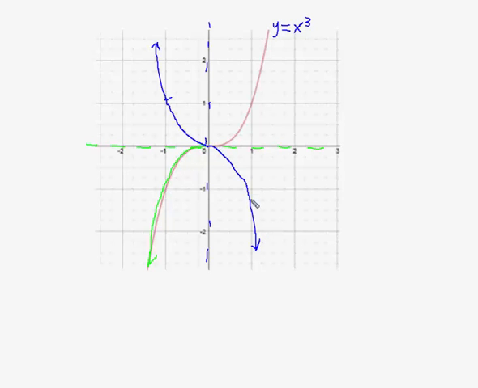And this part of the blue graph would reflect up, since we're folding about this line, and would move on top of the right side of the original red graph. So in short, taking y equals x cubed, the original red graph, and reflecting about the vertical and the horizontal axis in either order would produce the green graph. And since the green graph is essentially the same as the red graph, what we started with, that means this has symmetry about the origin.